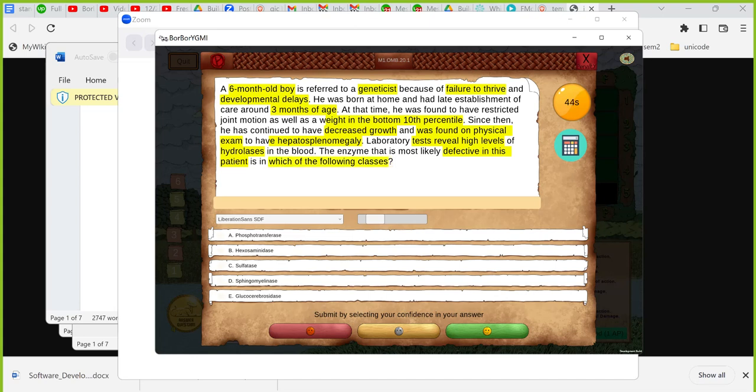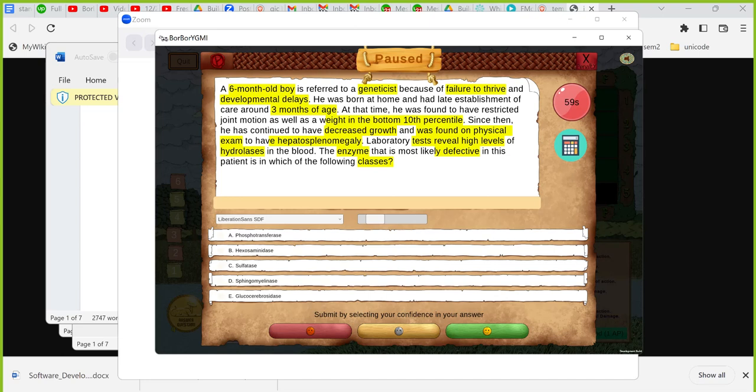Okay. So it's really asking about classes. So he's having hepatosplenomegaly. Right. High levels of hydrolysis in the blood. The enzyme is most likely defective in this patient.